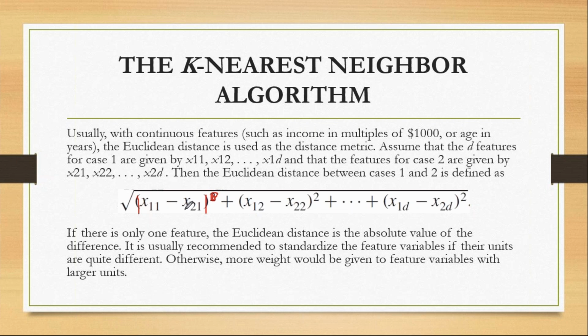So it is the mod of the distance, which is mainly the absolute difference between the two. In most cases we use Euclidean distance only, and this is mainly when we have continuous variables.